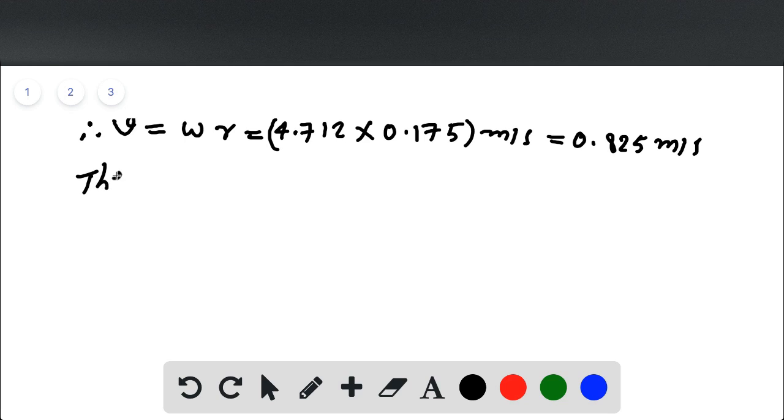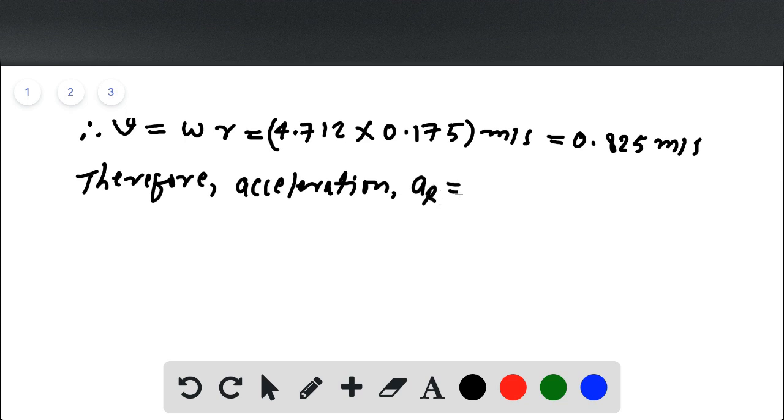Therefore, the acceleration a_r, just to make sure that is the radial acceleration, is v squared over r.